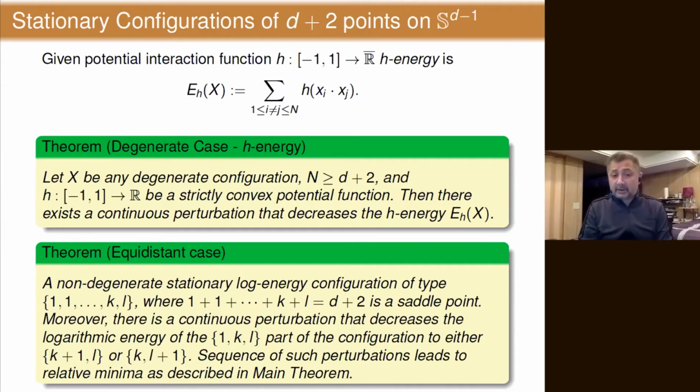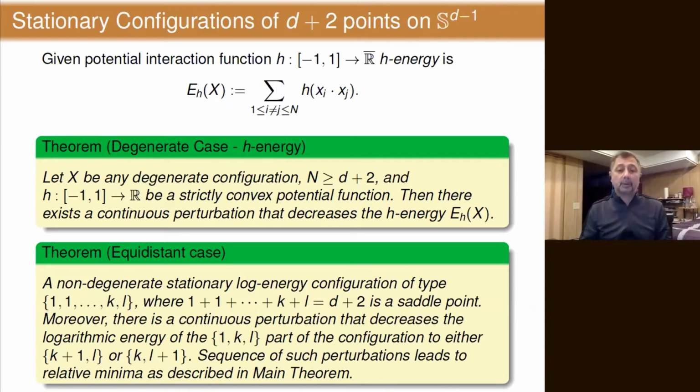Now, the equidistant case is the following: a non-degenerate stationary log energy configuration of type, since we can reduce it to a lower dimension. If one point is equidistant to all the others, then we can take the hyperplane that contains all these other points, and its intersection with the sphere is a hypersphere of different radius.